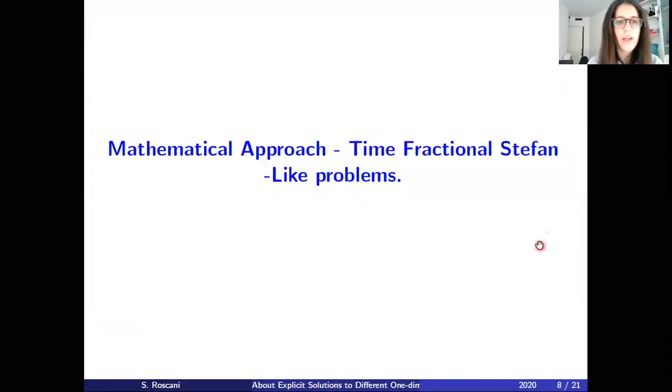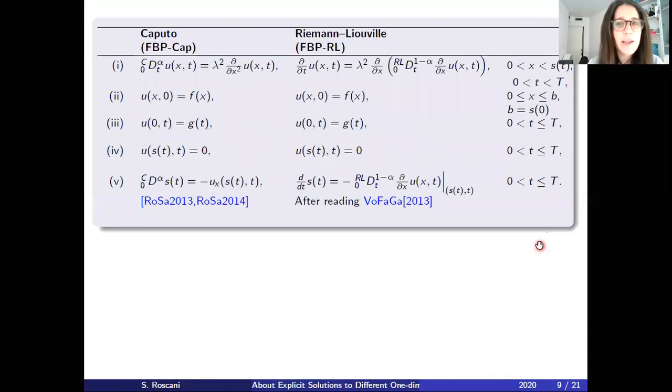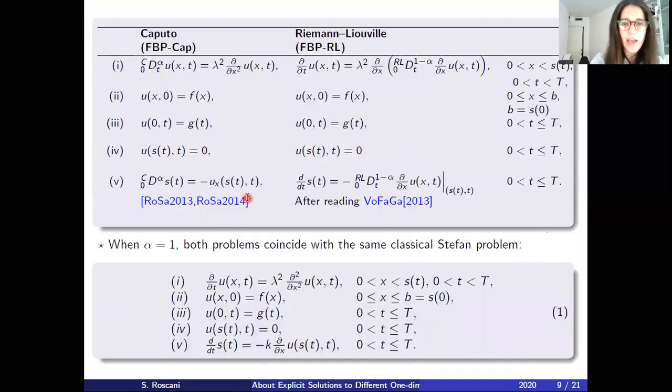Okay, let's start with the mathematical approach. As I said yesterday, this is the first problem I worked with when I started my PhD. Domingo, my advisor, was an expert in moving boundary problems.